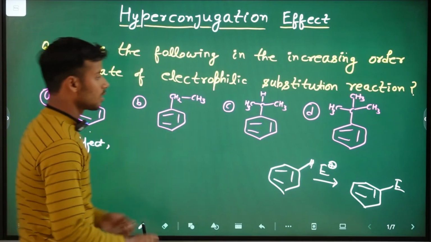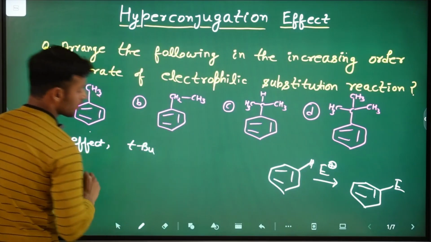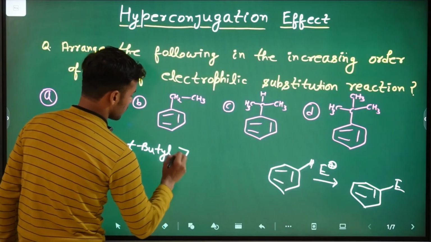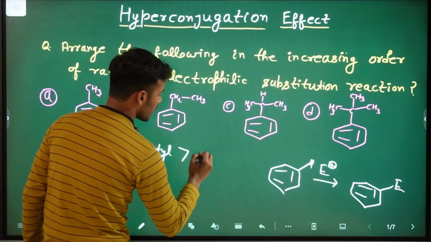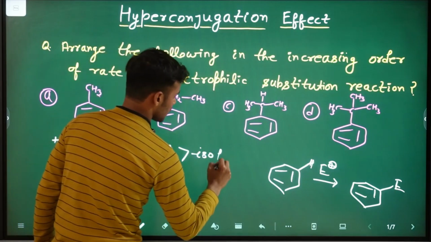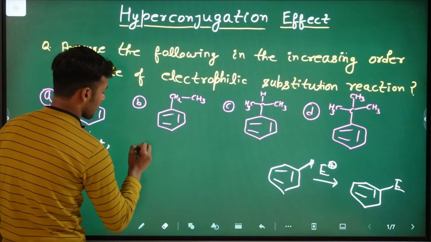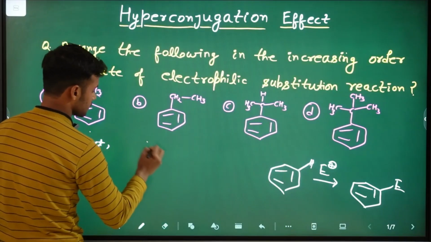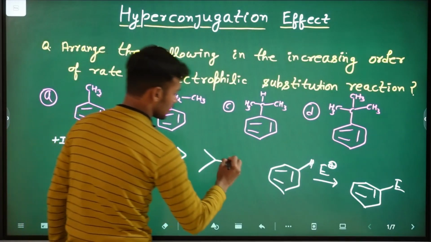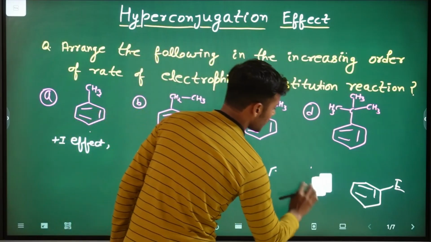Among these, the T-butyl group has the higher plus I effect, then isopropyl, then ethyl group, then methyl group.